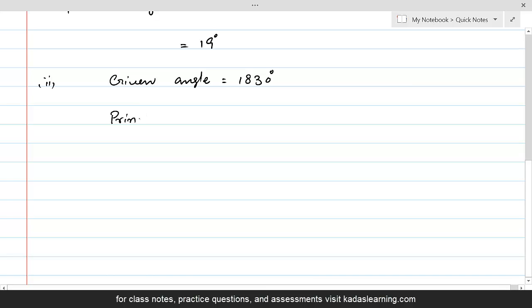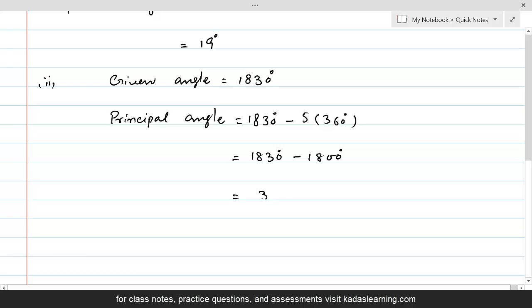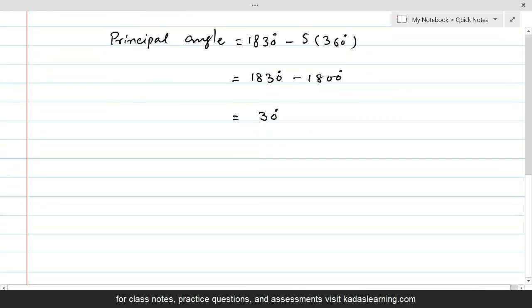So the corresponding principal angle is equal to 1830 degrees minus 5 times 360. 5 times 360 is going to be enough to bring it into the range of 0 to 360. So 1830 minus 1800 is going to bring this angle into the range of 0 to 360, which gives 30 degrees. So this is the required principal angle.